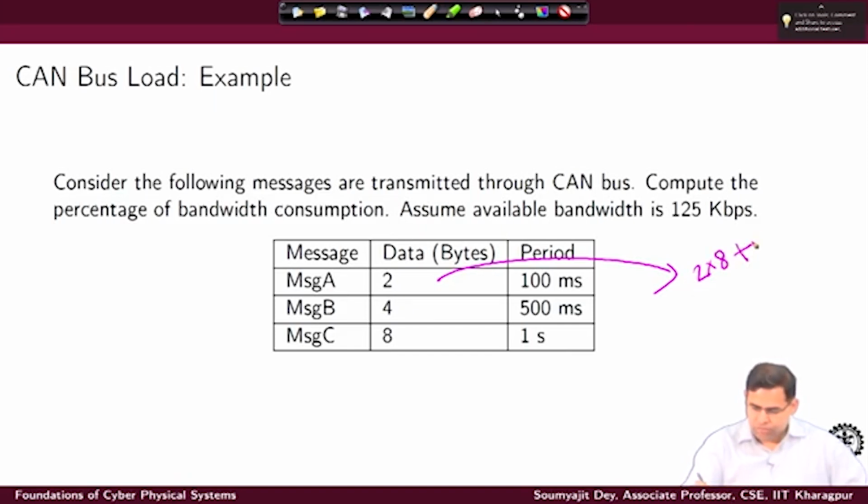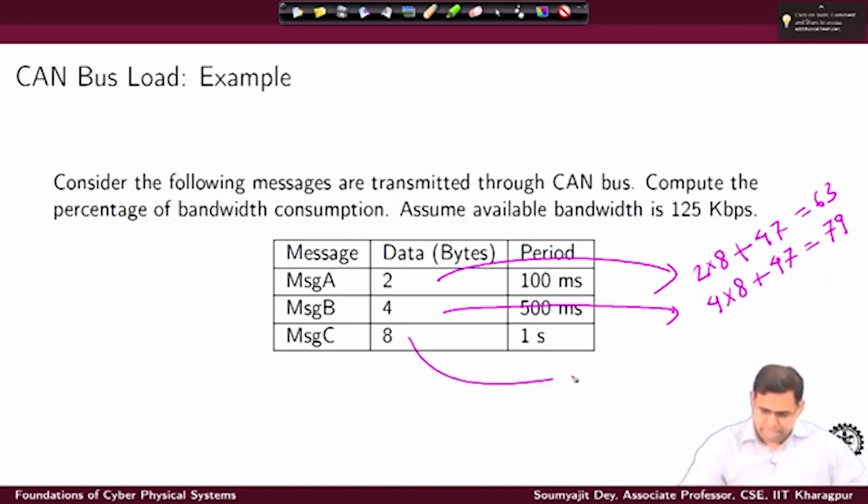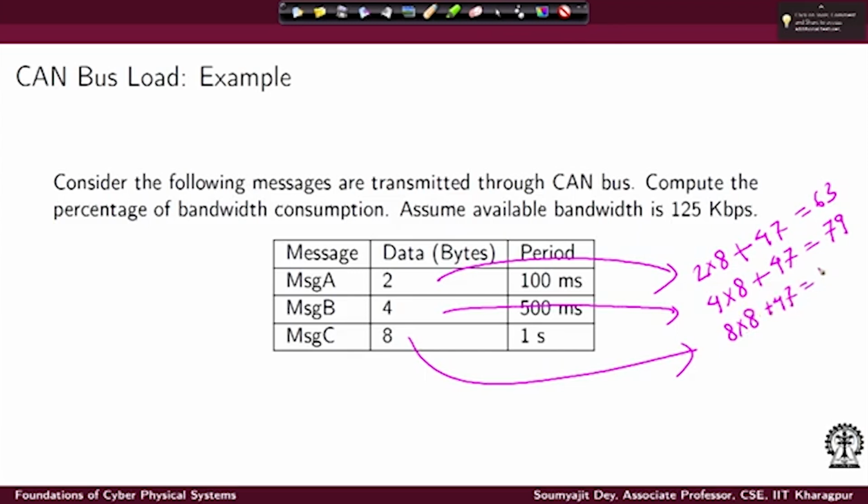So you just have to take this plus 47, similarly you take this plus 47, so the periods are all given, right?